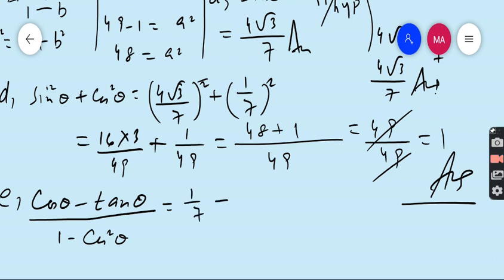Tan theta we have found, 4 root 3, upon 1 minus cos square theta, 1 upon 7 square.